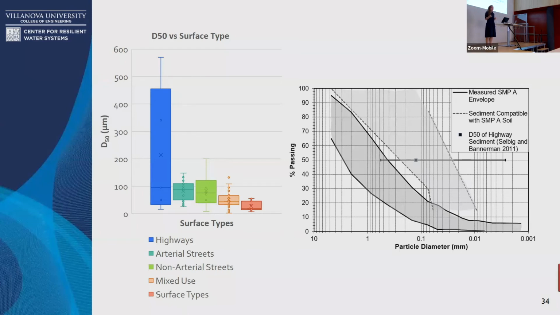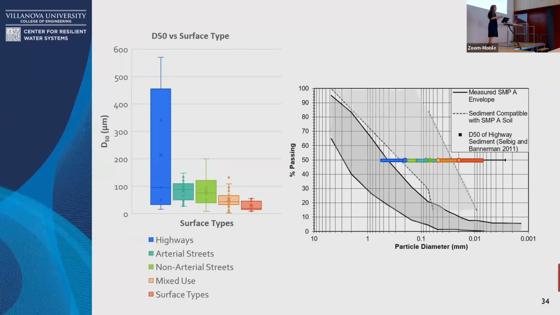So surface systems would be just like a parking lot system. And so we then paired that with what our compatible sediment was for SMPA. And so you can see now, if you're designing for a particle and particles that are coming off of a parking lot system, you're more at risk of clogging than you would be if you're thinking about a typical particle coming off of a highway, which we acknowledge can vary a lot, right?